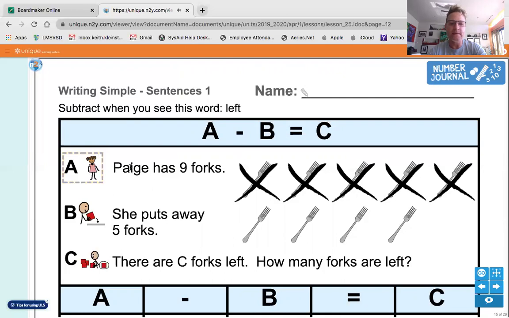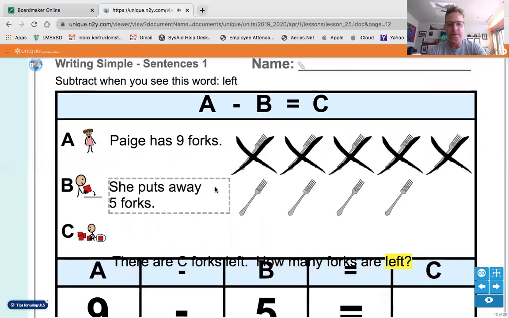A is Paige has 9 forks. B. She puts away 5 forks. C. There are C forks left. How many forks are left?